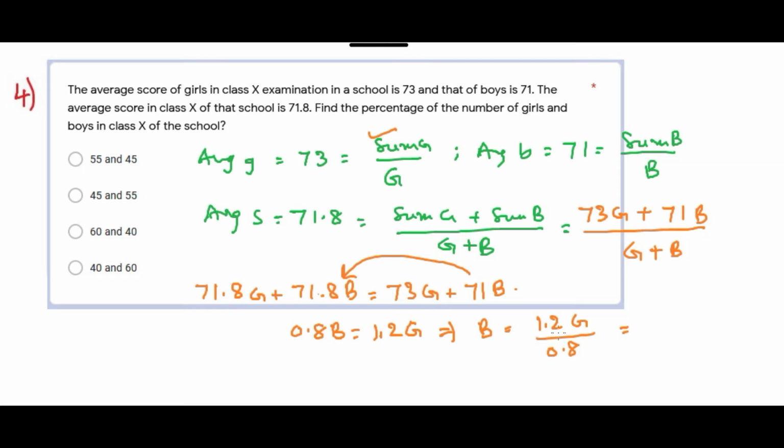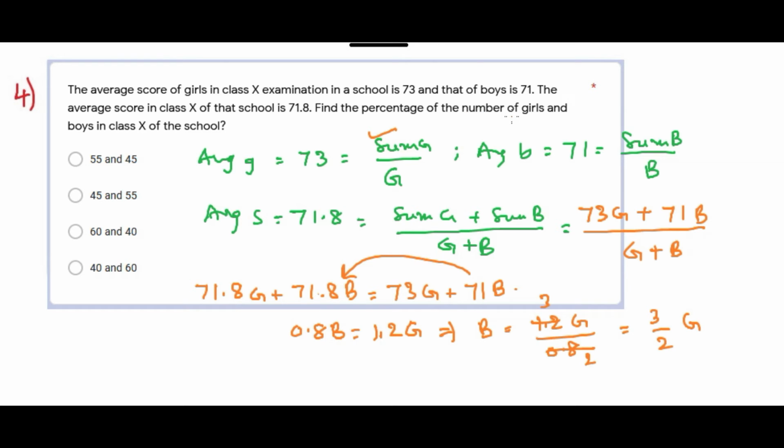Let me remove the decimal points here: 4 twos are 8, 4 threes are 12, so it is equal to 3 by 2 G. So B is equal to 3 by 2 G. By seeing this also we can do it, but let's move in a systematic manner.